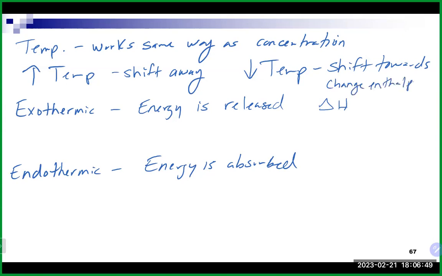We'll talk about it when we go backwards in the book. But enthalpy is basically the heat of a reaction. If the reaction is exothermic, the delta H value will be a negative value. Vice versa, for endothermic, the change in energy will be a positive value.